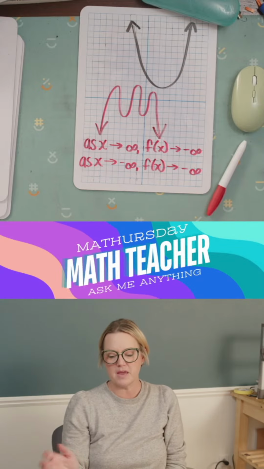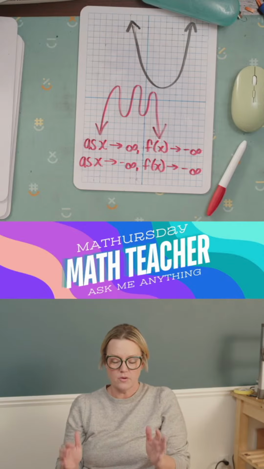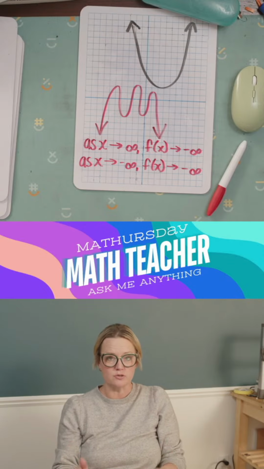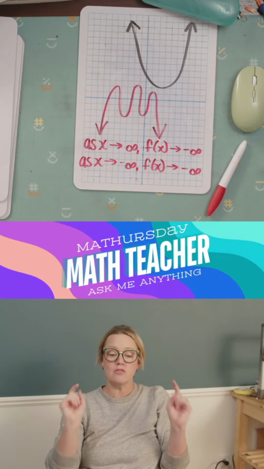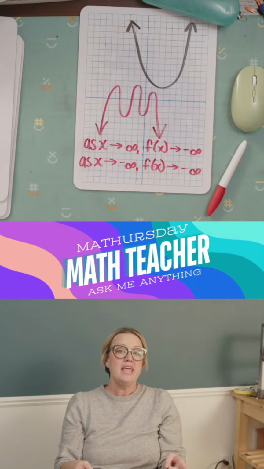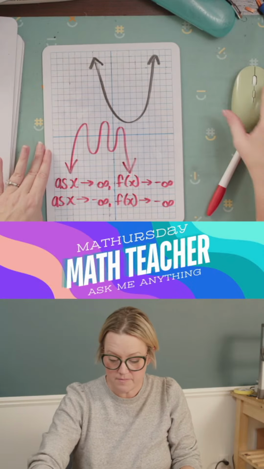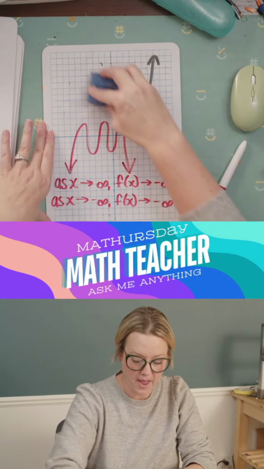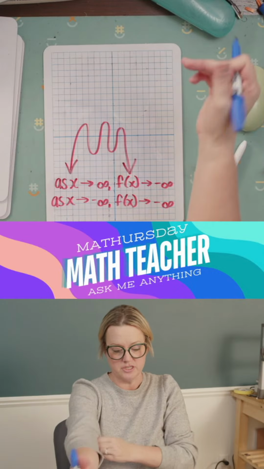The big thing to remember is that if it's an even degree, like x to the 4th, x to the 6th, x to the 8th, they're both pointing the same direction. They're either both up or both down. If it's an odd power, they're going to be pointing in opposite directions.